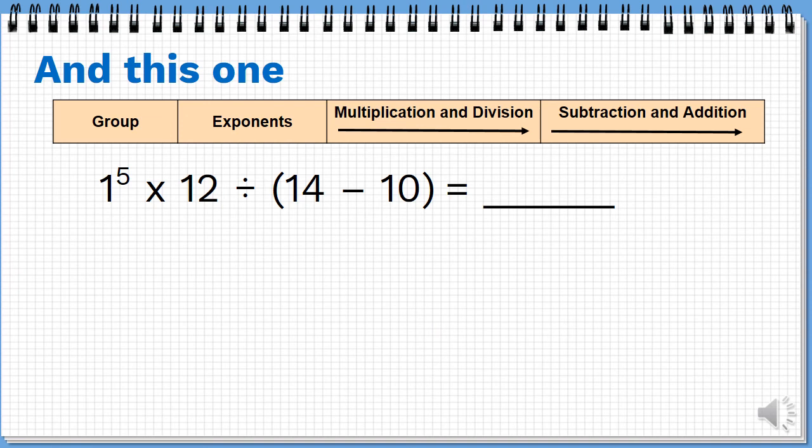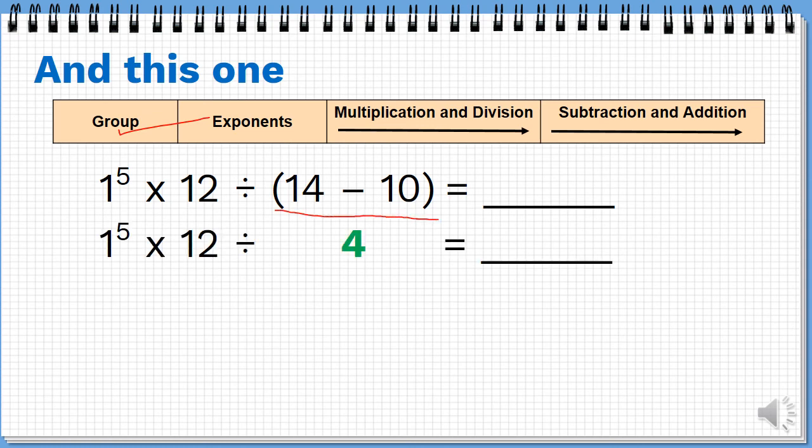Try this one now. They're getting more complicated, but take your time, pause the video, and come back for the answer. Okay, here's the answer. Do we have groups? Yes, we have groups, so we're going to work that part out first. And 14 minus 10 is 4. Do we have an exponent? Yes, so we're going to work this part out next.